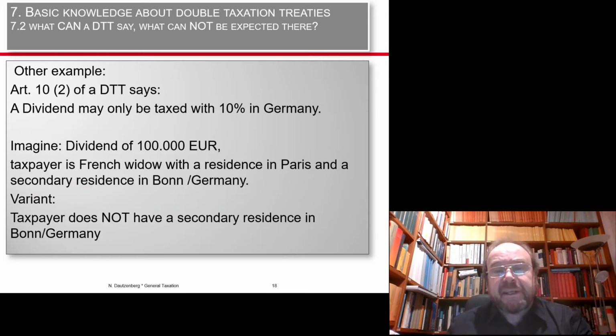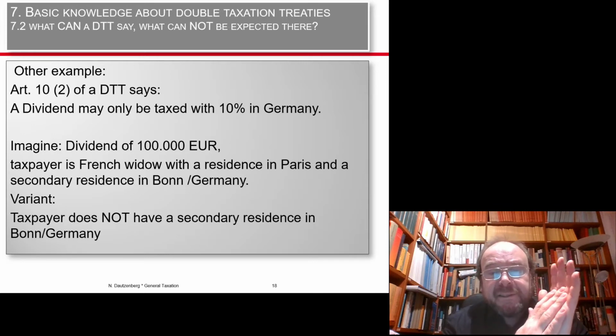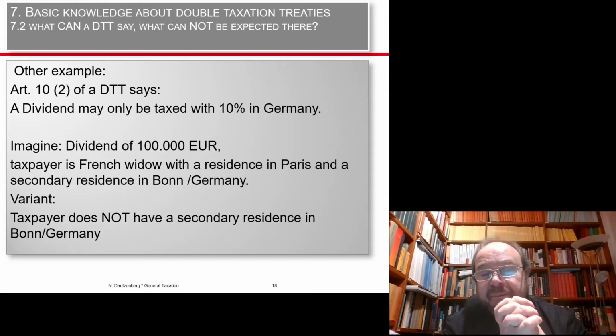You are, as a state, not even bound to make use of your rights under the DTT in a logical way. For example, imagine you have again somebody from France, let's say some dramatic case, a French widow with a residence in Paris and a secondary residence in Bonn in Germany. She gets a dividend of 100,000 euro from Germany, and under the double taxation treaty, the dividend can only be taxed with a maximum of 10% in Germany.